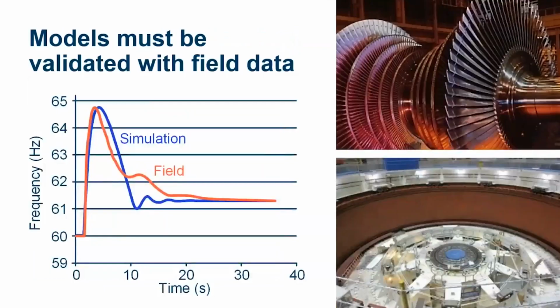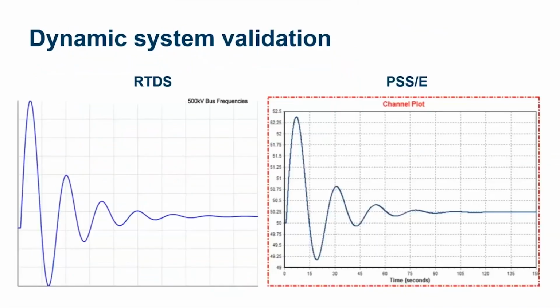Validation is the key step in the model development phase. In general, there are two schools of thought. One, if field data is available, then perform validation, field versus simulation. The other school of thought is to validate amongst simulation software. In this case, an RTDS response is validated against the PSSE response.